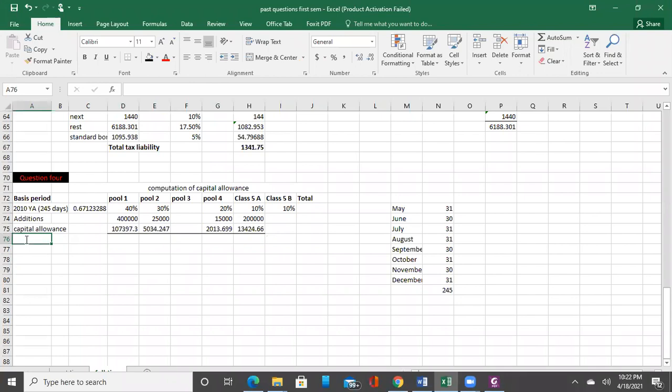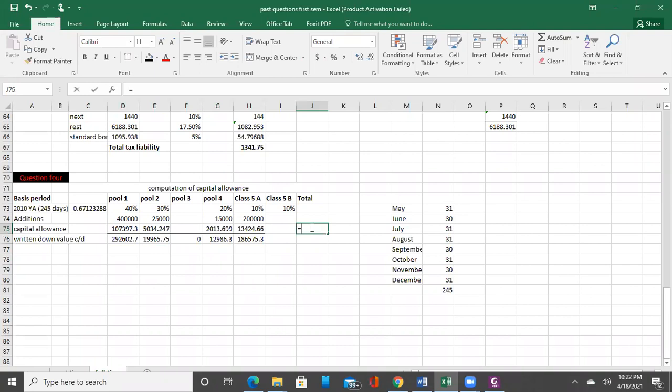Then I look out for what you call the written down value carry down. And it is equal to this minus this. So the additions or the cost minus that.